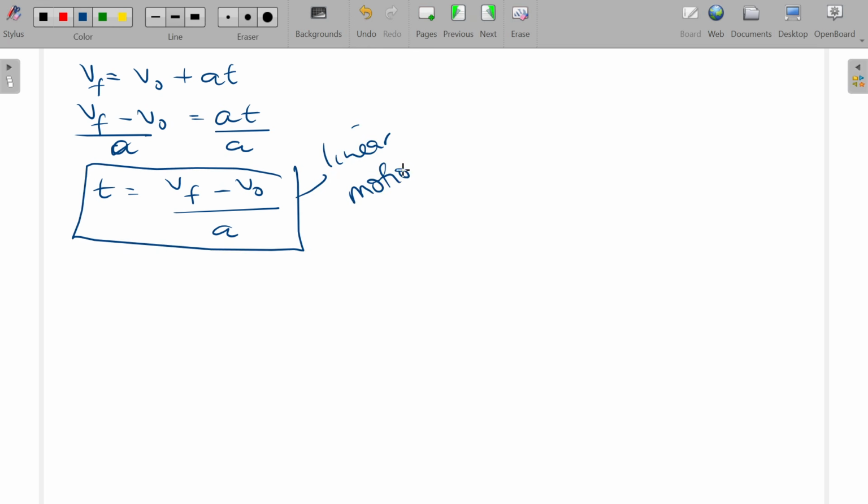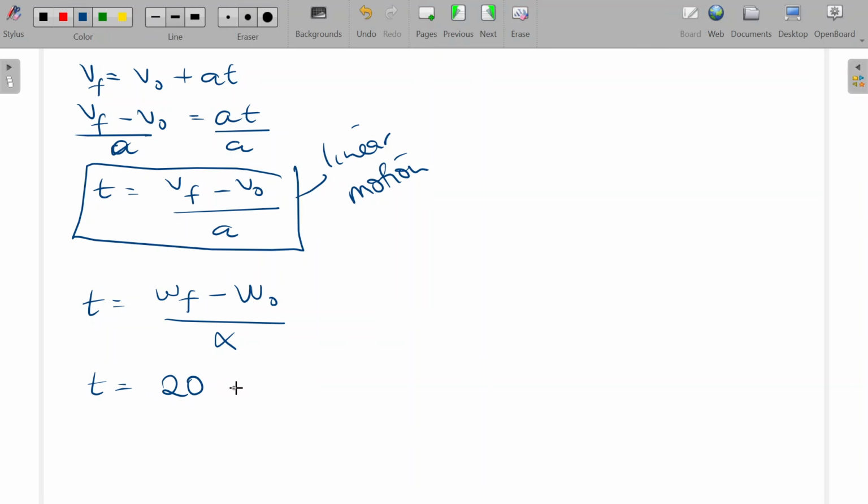So since this is in linear motion, in angular motion we are going to have time is equal to omega final minus omega initial over alpha. So t is equal to omega final, which was 20, minus the initial, which was 30.